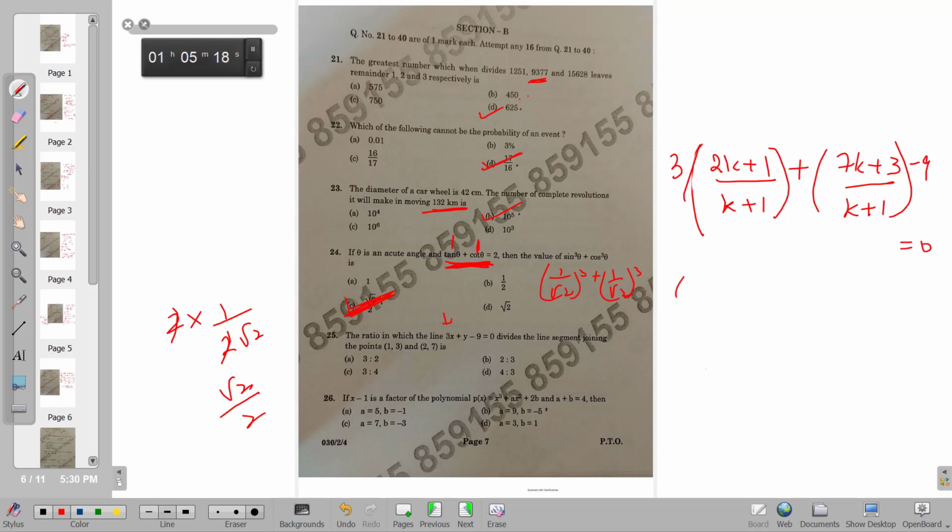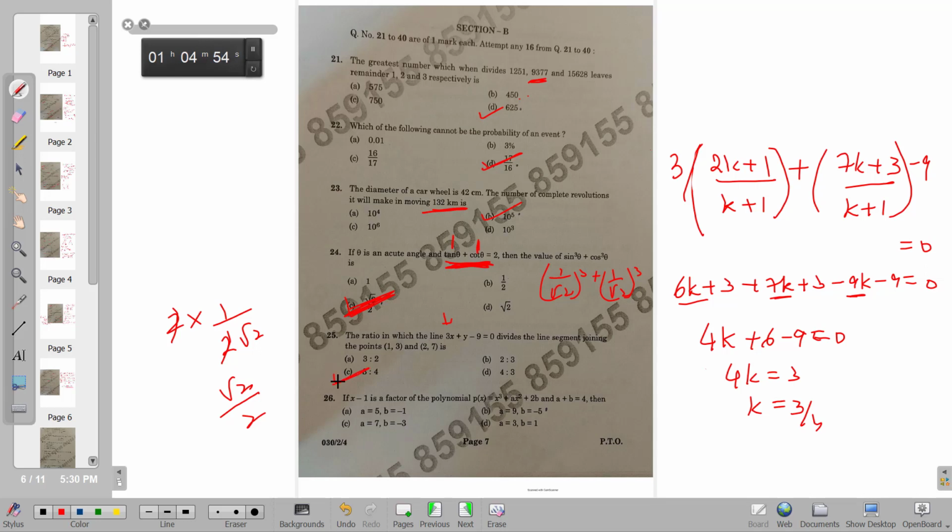Or when you're simplifying, you get 6k plus 3 plus 7k plus 3 minus 9k minus 9 is 0. So you have 13k minus 9k, 4k plus 6 minus 9 is 0. 4k is equal to 3, which means k is 3 by 4. So the answer for the 25th one is option C.